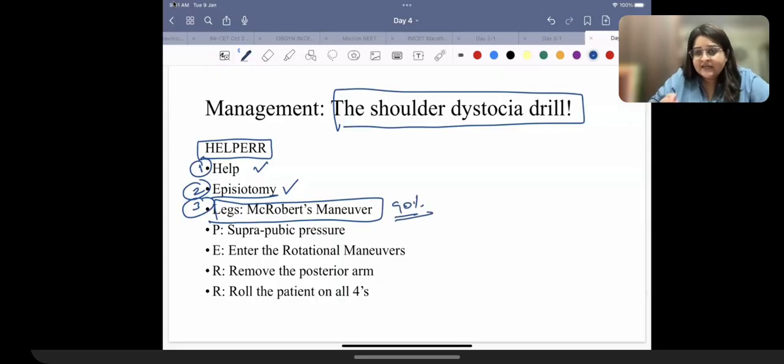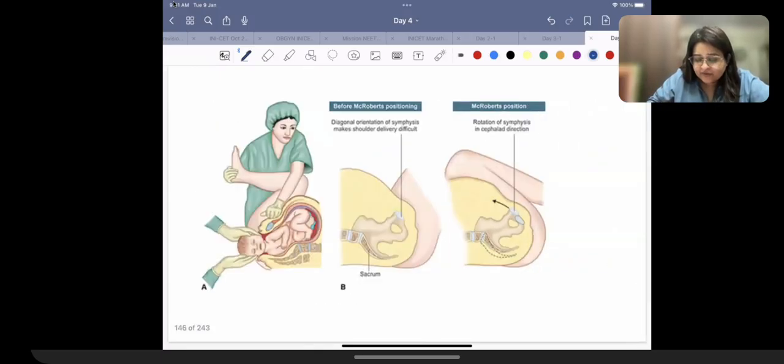What is the McRoberts maneuver? It is this maneuver. It is hyperflexion and abduction of the hips on the maternal abdomen. So the assistant or the nurse, whoever's there, should immediately, when this happens, hyperflex the thighs on the abdomen.